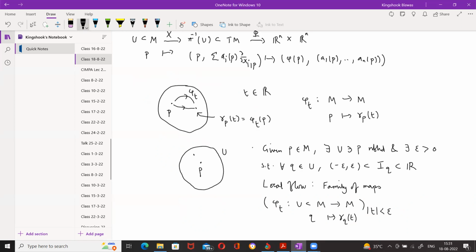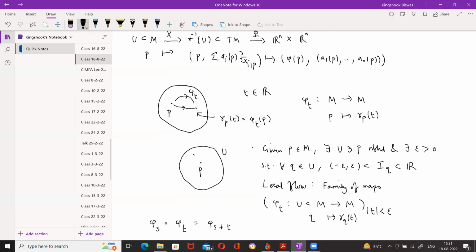The main property that we need is that these maps phi t form a one parameter group. So phi t composed with phi s is phi s plus t.